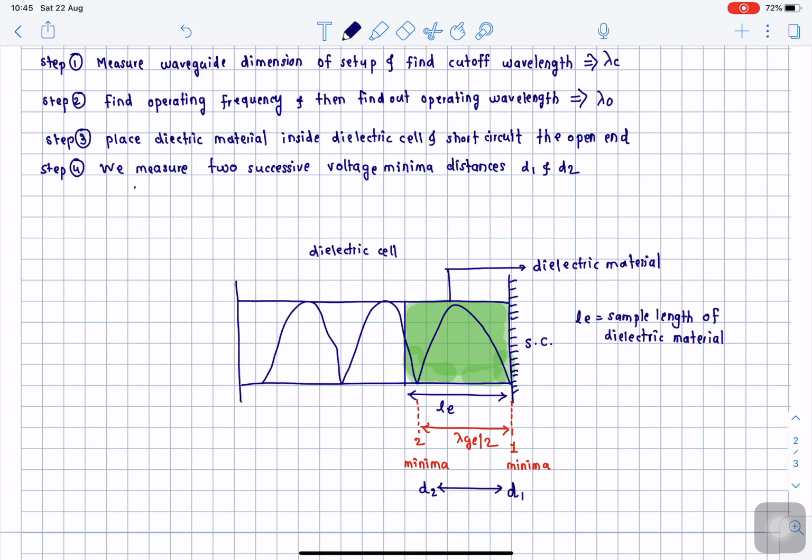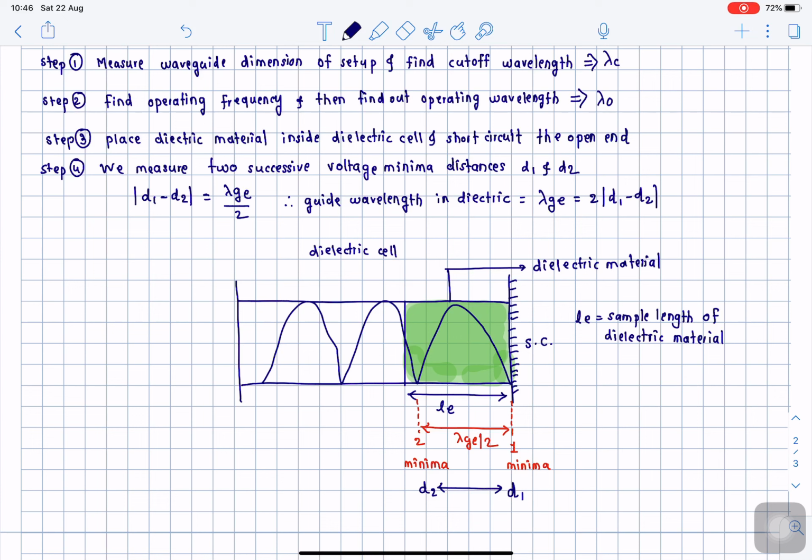If we take the absolute difference between these two distances, which is proportional to half of the guide wavelength in the dielectric, therefore the guide wavelength in the dielectric, lambda GE, is given by twice the absolute difference between D1 and D2.